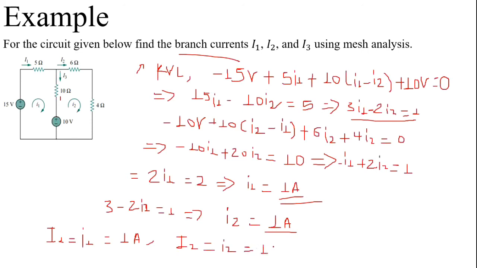1 ampere. And to find the third current, which is the current flowing through this 10 ohm resistance, just by what? Taking KCL at this node. This KCL states that the current entering into the node equal with what? The current which is leaving. So I3 can be simply calculated by taking the subtraction between these currents.